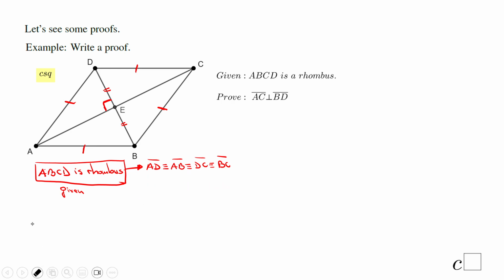Let's be sure we have some space. Let's put the reason here. The reason is simply ABCD is a rhombus. And this is a property of the rhombus. Then, like I said, let me go down here.